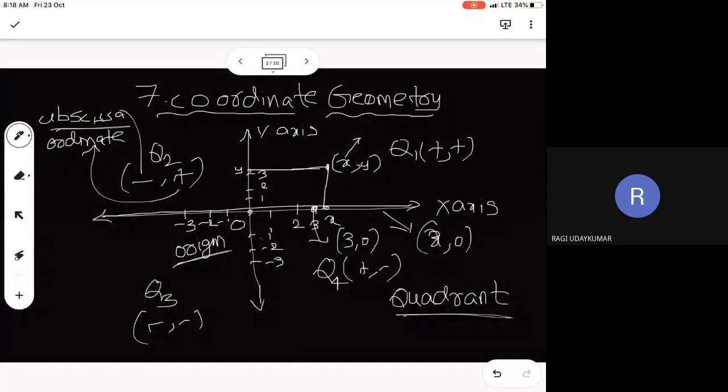ओके, समझ में आया? So these are the main things you have.